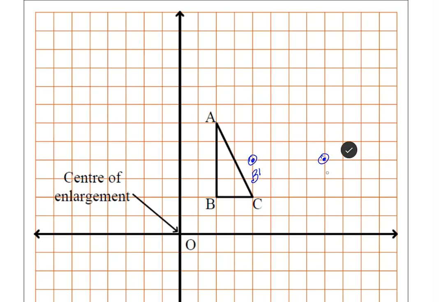This is C prime. From the center to A, it's 2 right and 1, 2, 3, 4, 5, 6 up.